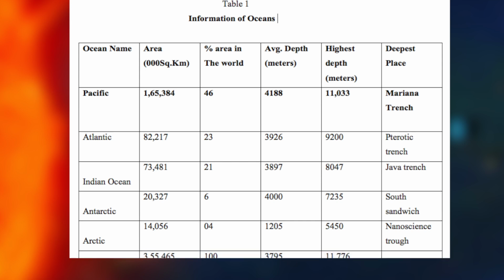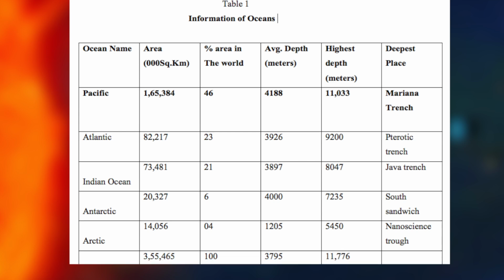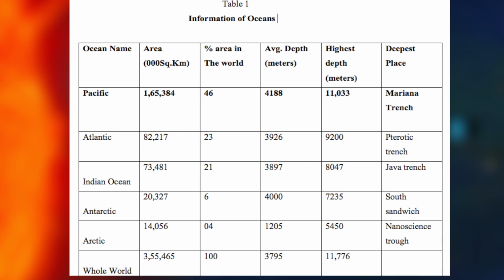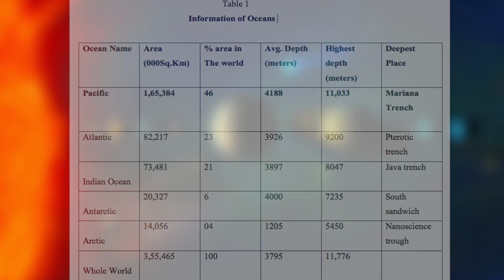The average depth is 1205 meters and the highest depth in this ocean is 5450 meters. If you take the whole world ocean area, the average depth is 3795 meters and the highest depth is 1175 meters.